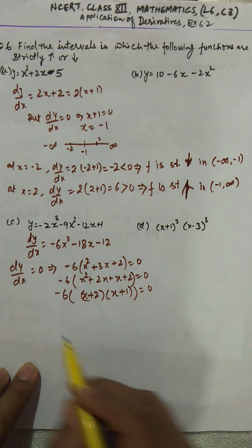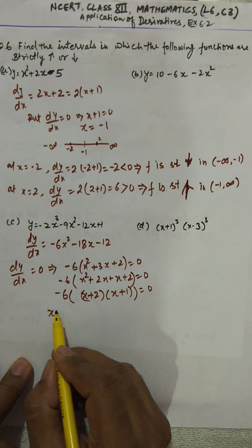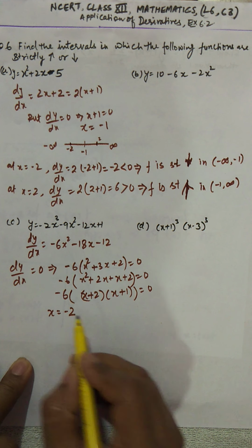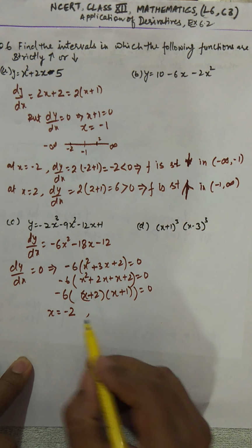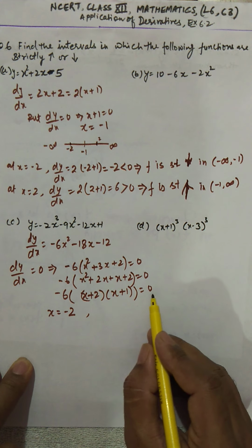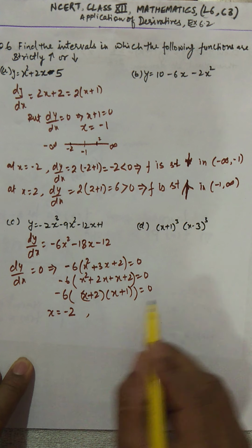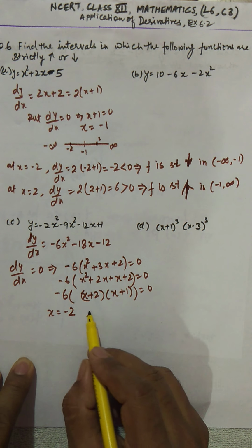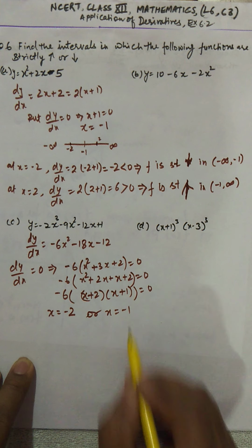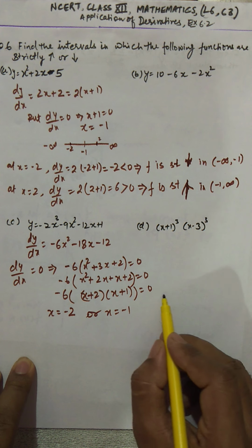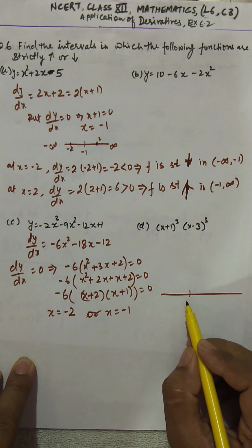Now the two factors: x equal to minus 2 if we put the first equal to 0, and the second is x equal to minus 1.